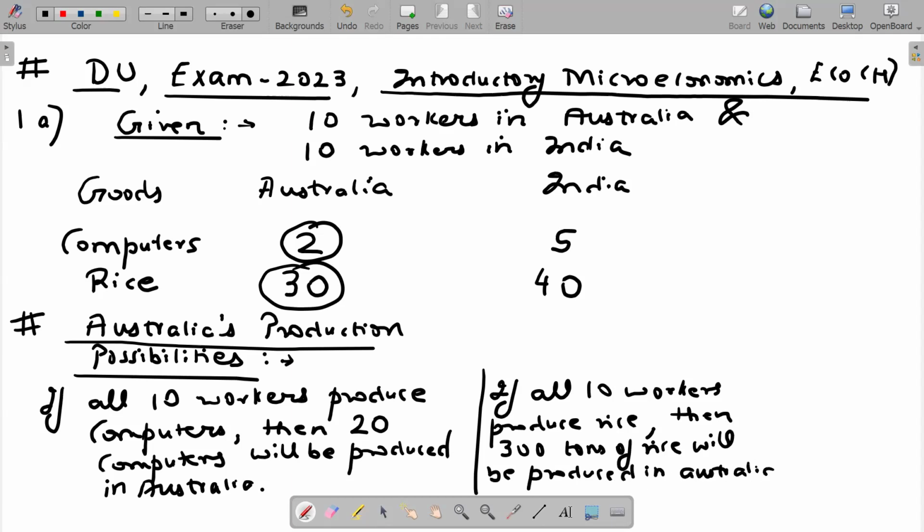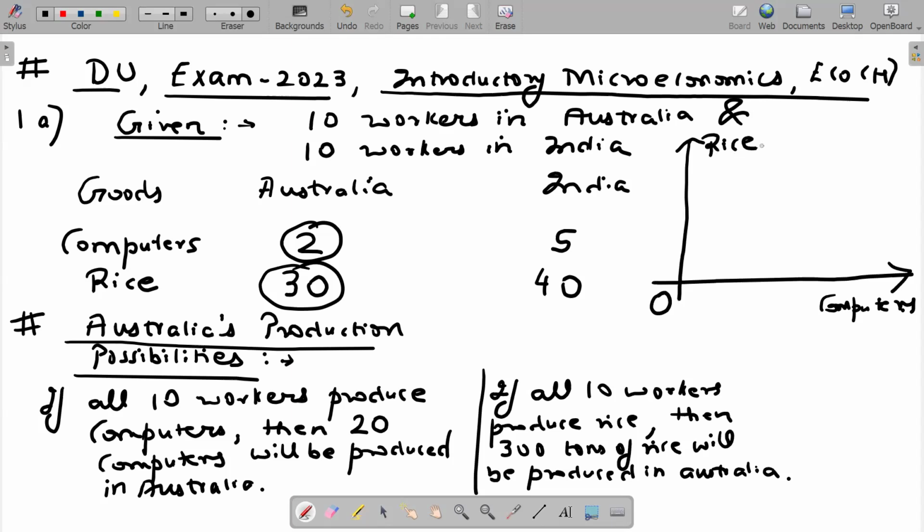If I look at the production possibility curve for Australia, which I'm drawing here, we have computers measured on the horizontal axis and rice measured on the vertical axis. Australia can produce 20 computers, let's say this is 20, and 300 tons of rice, let's say this is 300. So this is Australia's production possibility frontier.